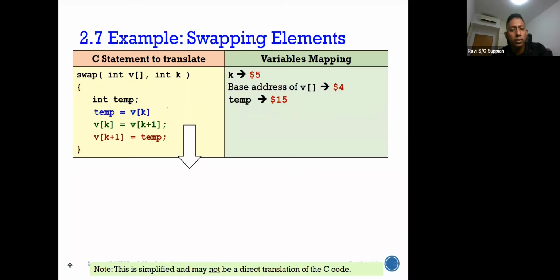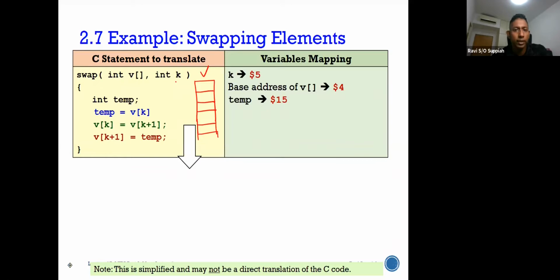Let's look at the C code. This temp variable is taking the first value. If I look at the v array over here, this is doing a swap between any two elements which are specified by k and k plus 1.